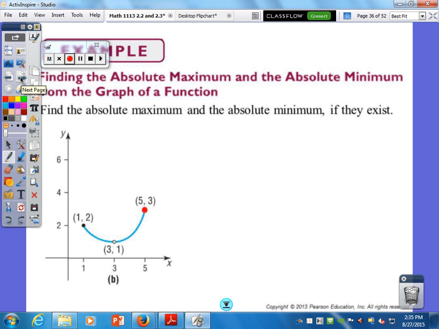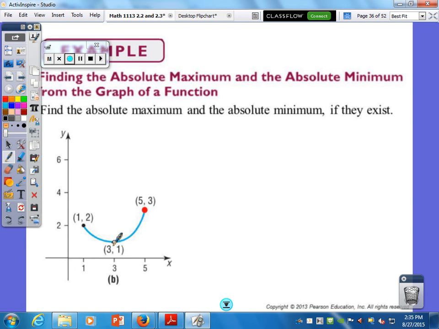All right, so absolute maximum, absolute minimum. Now people are tempted to say that the minimum is when x is 3, the y value is 1, but why would there be no absolute minimum for this particular graph? It's an open circle. There's a hole there. So it approaches this value from both sides, but it doesn't actually touch it.